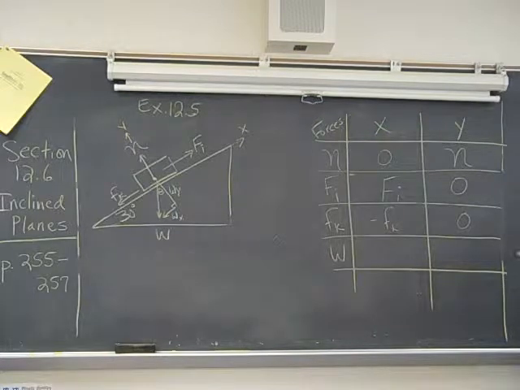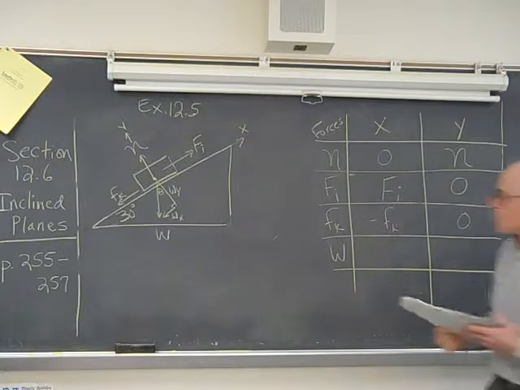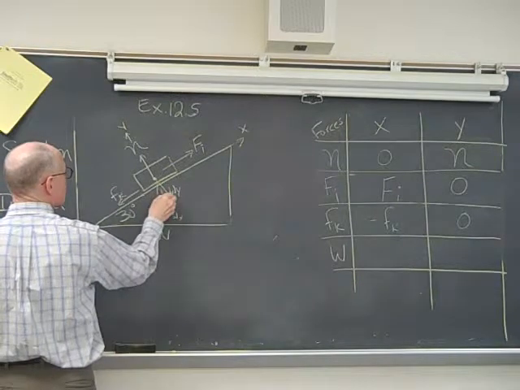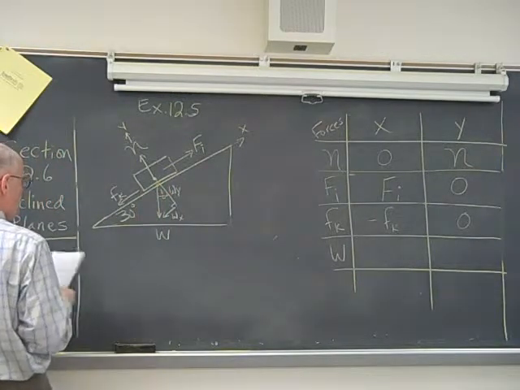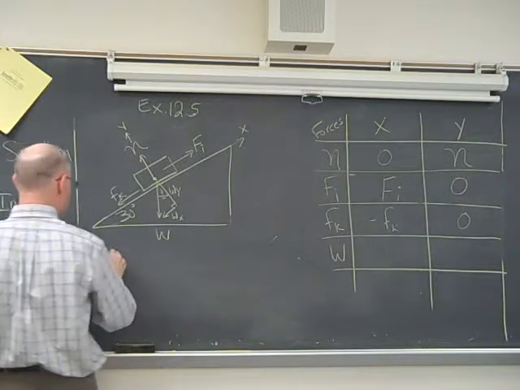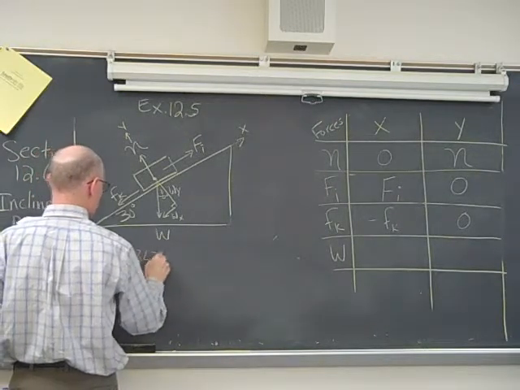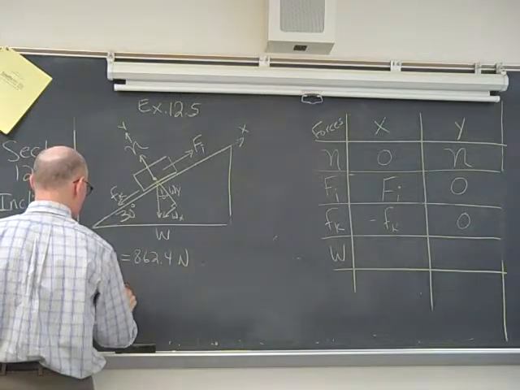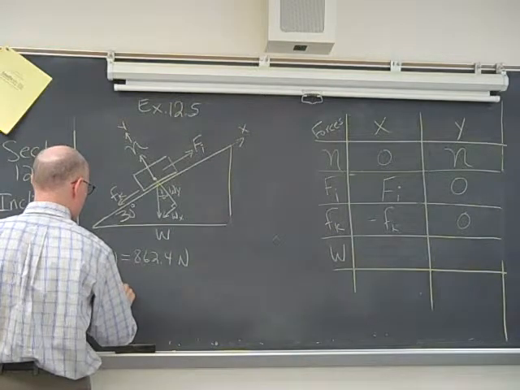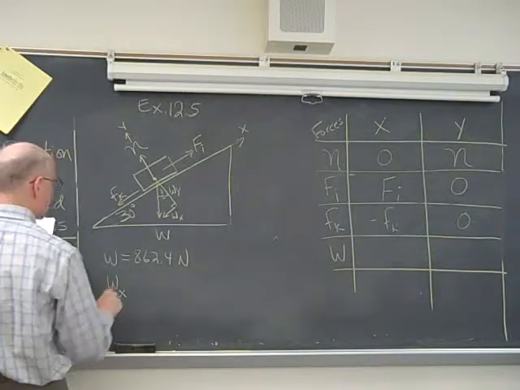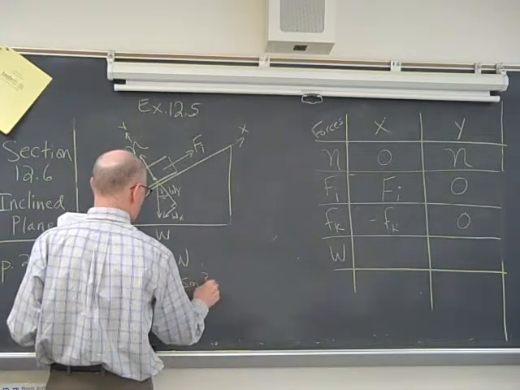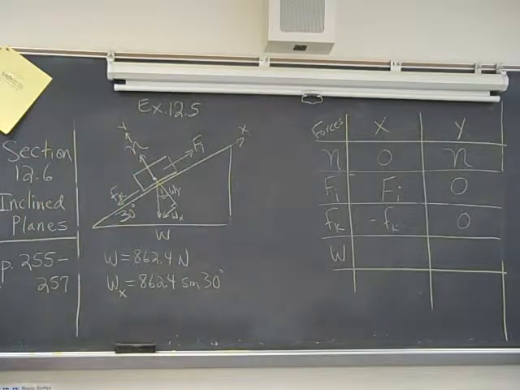And for the weight, we can do a little calculation here. 30 degrees. And we've already figured out our weight is 862.4 newtons. So your weight in the x direction would be the 862.4 times the sine of 30 degrees.